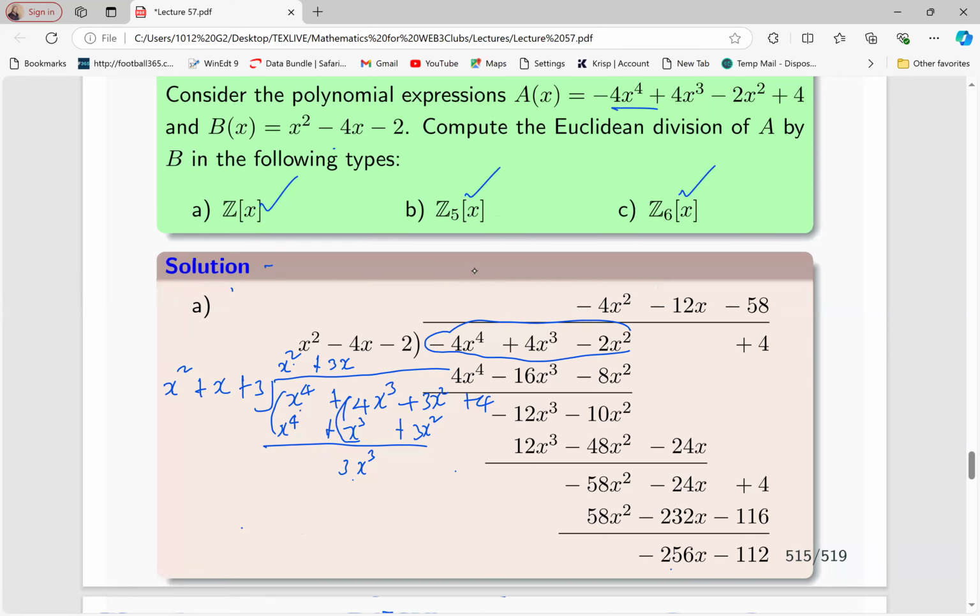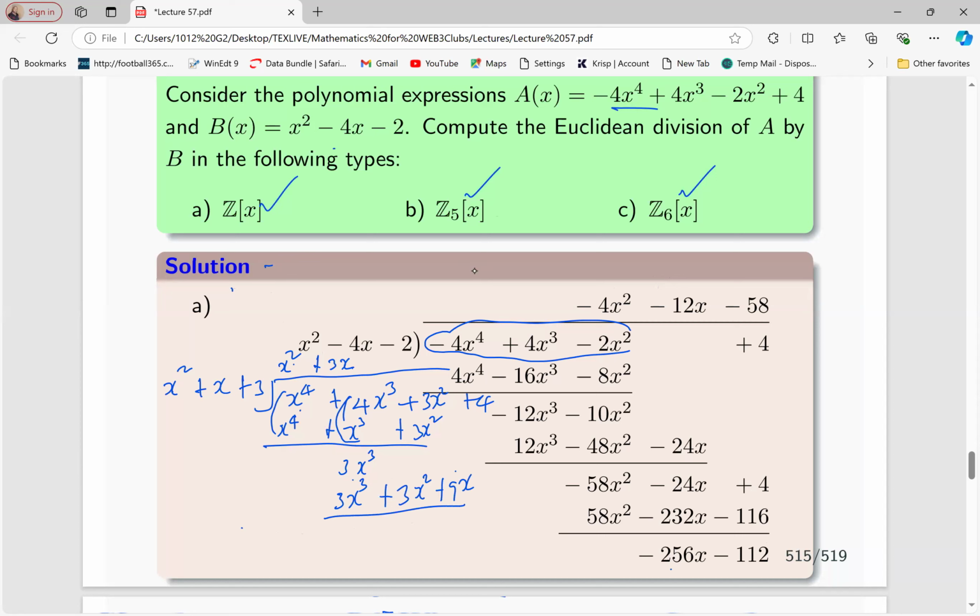No, 3x cubed. Then this times that will be 3x squared. Then this times that will give the 9x.